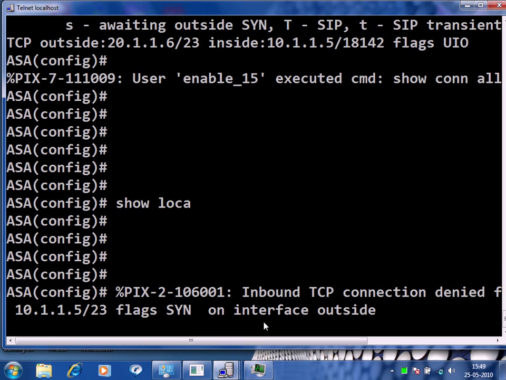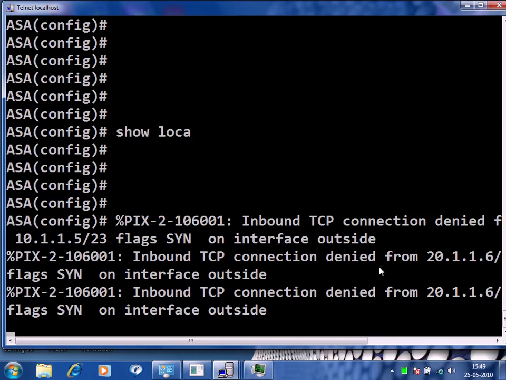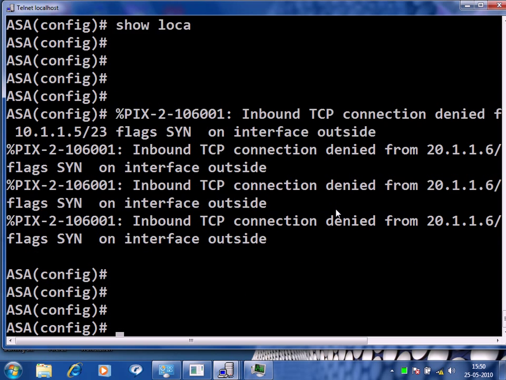When you telnet, what message are you getting? Inbound TCP connection denied, right? At that time you will come to know that something is being denied from my outside network, and you will clearly get on interface outside. There is nothing that you have to assume. By reading this log message only you will come to know that.